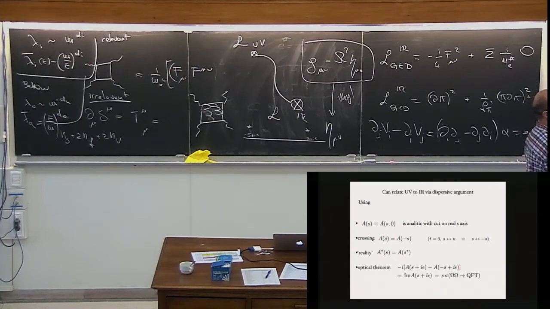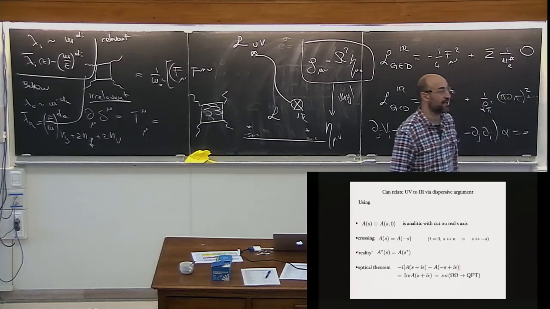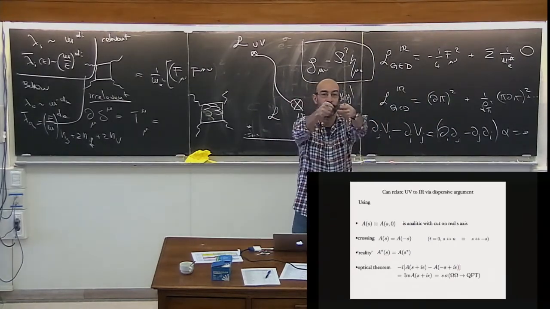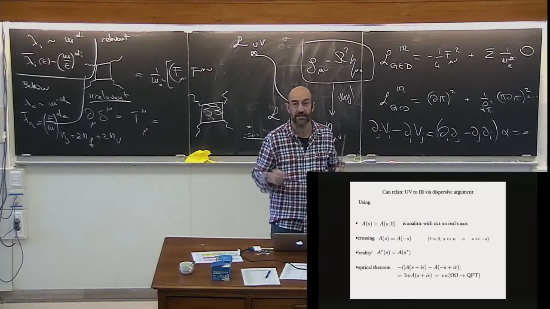And the imaginary part, by the optical theorem, is given by the total cross section times S. Total cross section for dilatons absorbed into the QFT. These are background dilatons.